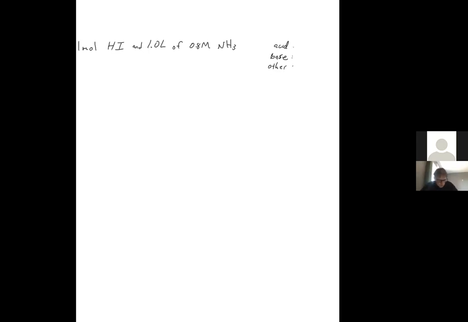Okay, so we have to do the reaction. HI with NH3. HI plus NH3. Okay, this one's the acid. This one's the base, right? So it's going to donate the H plus. So you're going to get I minus plus NH4 plus.